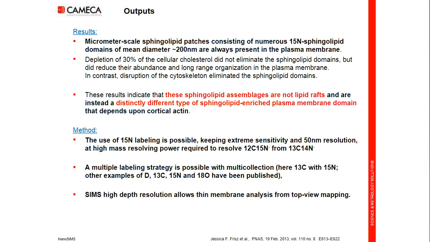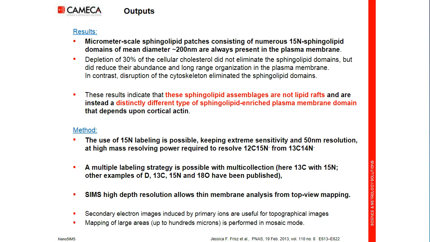The high depth resolution allows thin membrane analysis from top view mapping, so a few nanometers. And we have seen also that secondary electron images induced by the primary ions are very useful for topographical images and recognition, and mapping of large areas up to 100 micron, if necessary, is performed in mosaic mode.